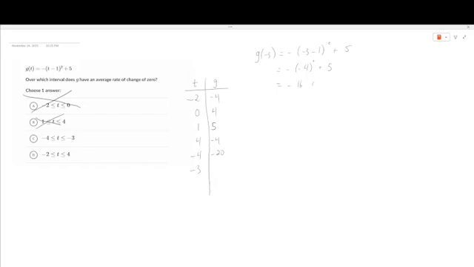But there's also that subtraction symbol, so it would be back to negative 16. And then we have to add the 5. So negative 16 plus 5 would be negative 11. So negative 11 is for negative 3. Okay.